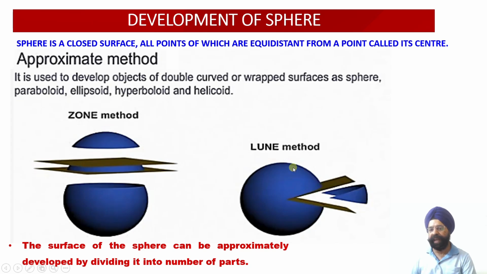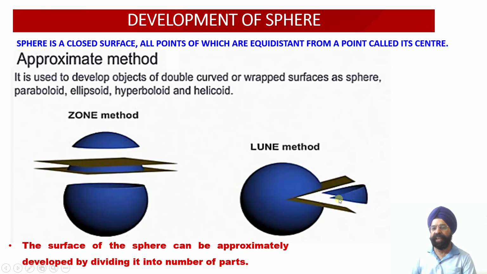We can divide the total circumference of the sphere into 8 equal parts, 12 equal parts, or 16 or 24 equal parts. Depending upon how many segments we divide the sphere into, that many lunes will be obtained.